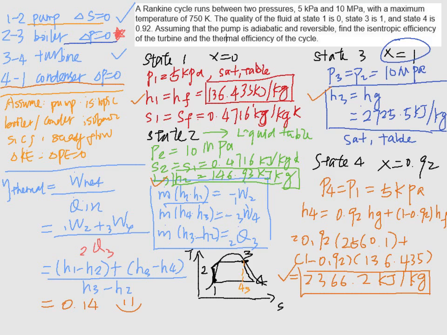First low pressure, then through the pump we increase the temperature, then through the boiler we increase the temperature all the way until it's a vapor, and then we use the turbine to extract the work and also lower the pressure, and then it goes back to its original state through a condenser. So this is a Rankine cycle example. In the next video, we're going to talk about how to find the isentropic efficiency of the turbine.